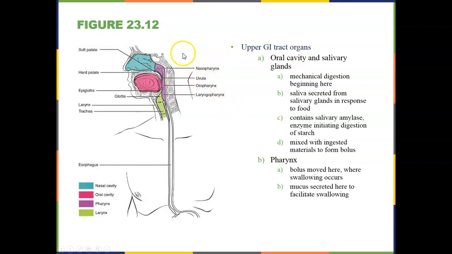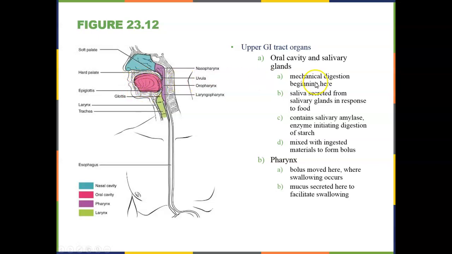Let's look at the upper GI tract organs then. So upper GI tract includes the organs from the mouth, from the oral cavity, all the way through to the stomach. And so we have this oral cavity, which contains your tongue, your teeth, and salivary glands.